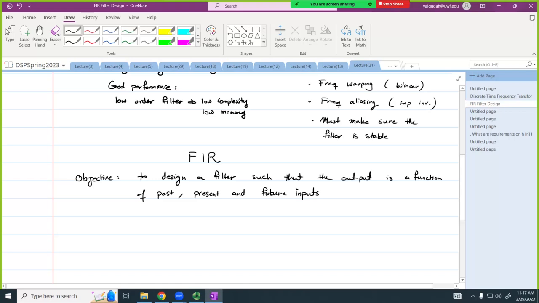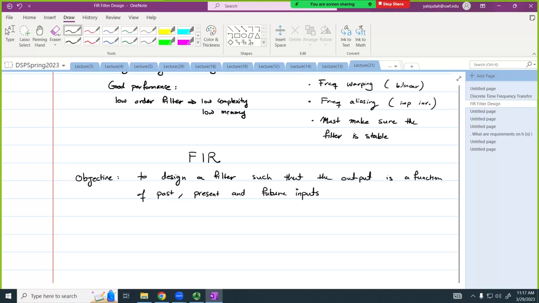How is that different than the IIR filter? It's not possible. We can only do past and present. What else? The IIR is a function of future outputs. It can be a function of outputs too. Yeah. The IIR filter can be a function of the output. The FIR filter is only a function of the input.